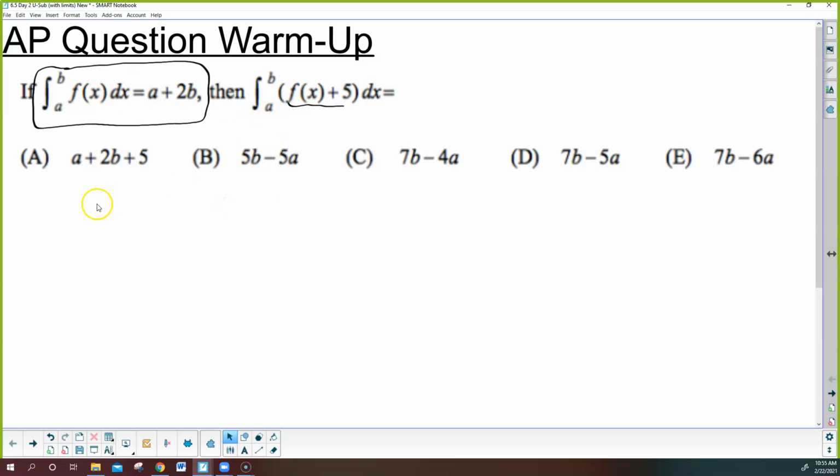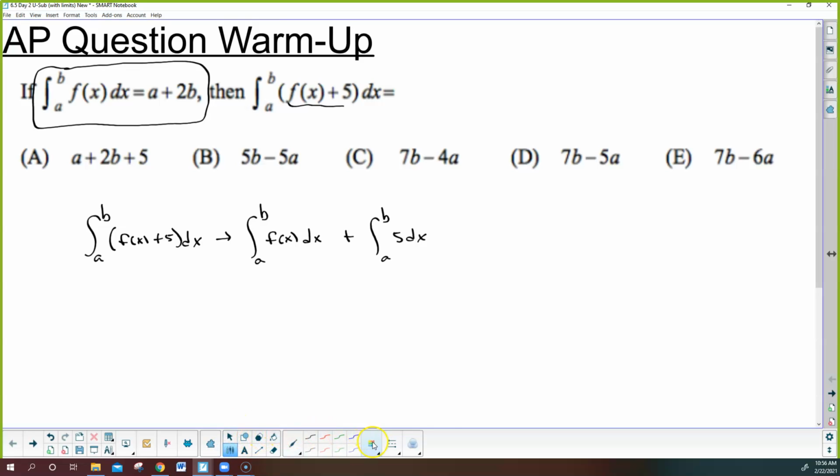So what we're going to do is, you might not have shown all of this work, but if I'm given the original integral, we know that we can split this up as two separate integrals, just like that.